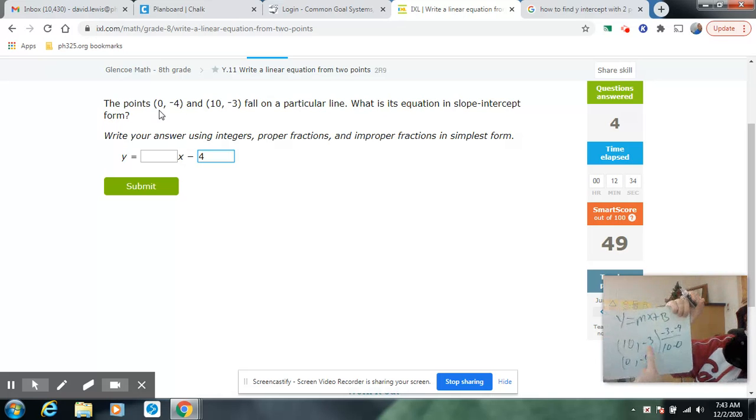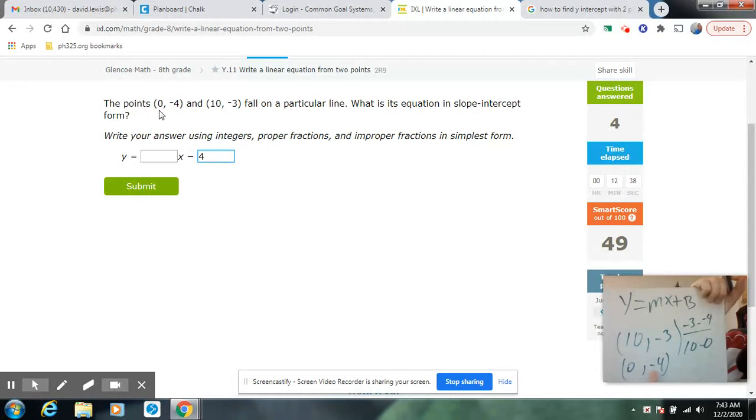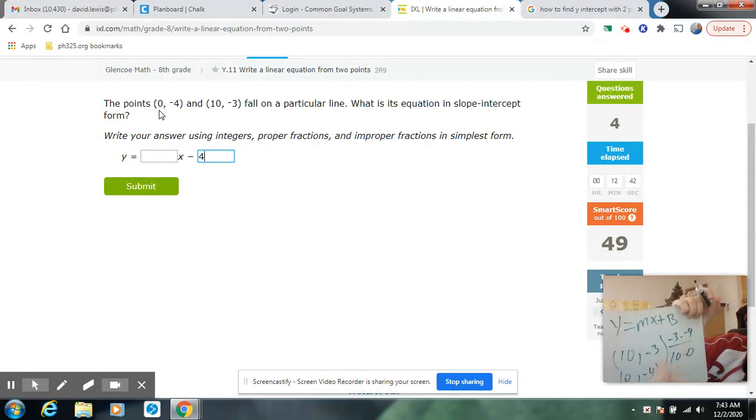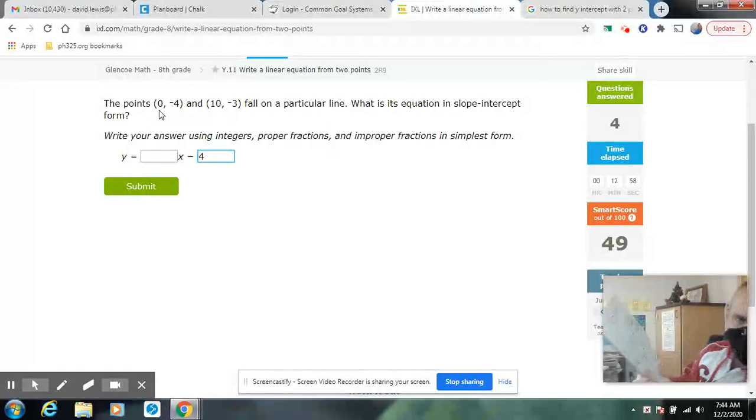Notice, negative 3 minus negative 4. Recall, two negatives make a positive. And we know negative 3 plus 4 is 1. Same as 4 minus 3, which is 1. And 10 minus 0 is 10. So 1/10 is our slope.